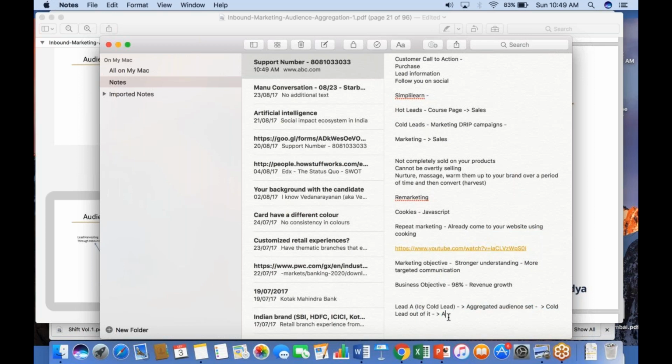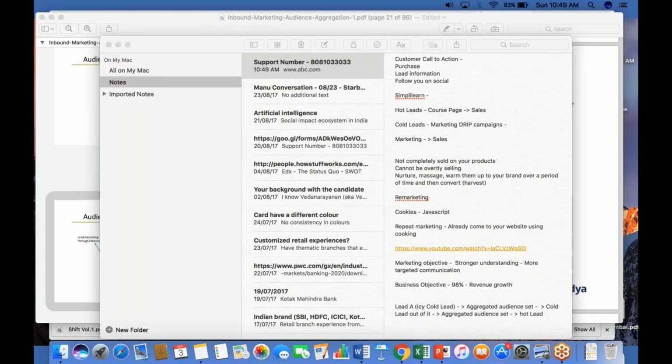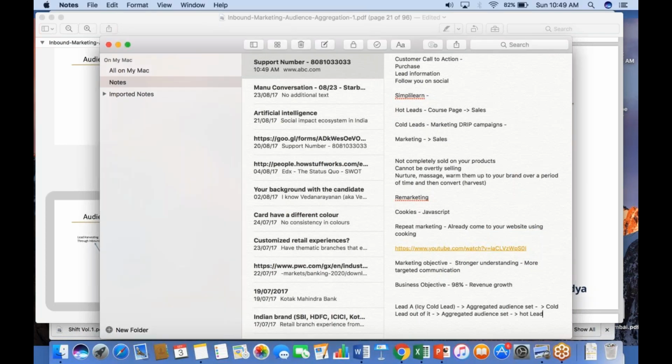And then they go into another different aggregated audience set before they eventually become hot leads. So in a lot of cases, audience aggregation and content marketing go in a circular loop. They're not just sequential. And that to me is the single biggest takeaway I want you guys to have. It's a circular loop and not sequential.